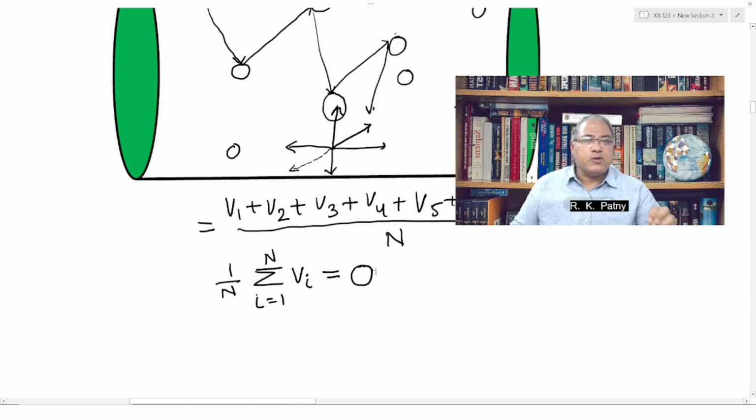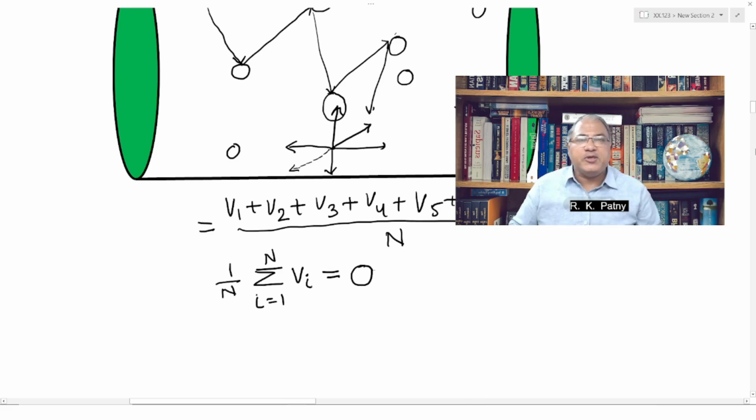Some time ago, there was one question. What was the question? When we are heating a metal, why are electrons not coming out of the piece of metal, even though they are having random motion? The answer is that the average velocity due to the thermal energy given to the piece of metal, the average velocity of the electrons, is equal to 0. Since the electrons do not have a net velocity, how will they come out of the metal surface?